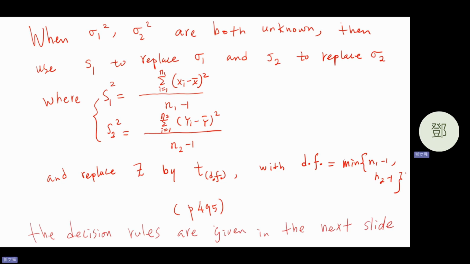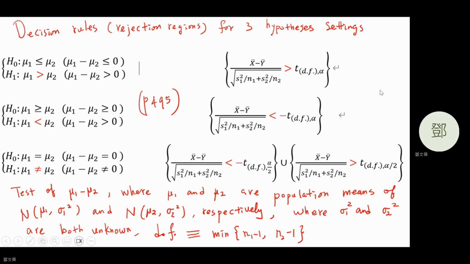And you will see that the formula are very similar to the previous slide here, right? The difference is sigma 1 squared replaced by S1 squared, sigma 2 squared replaced by S2 squared. And z replaced by t with the degree of freedom.